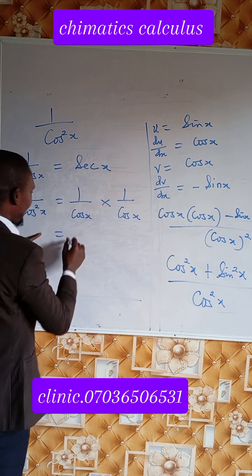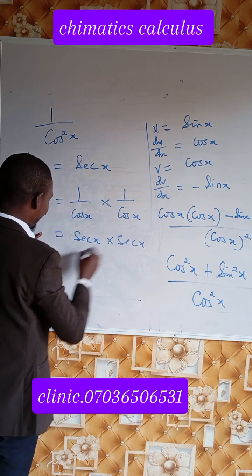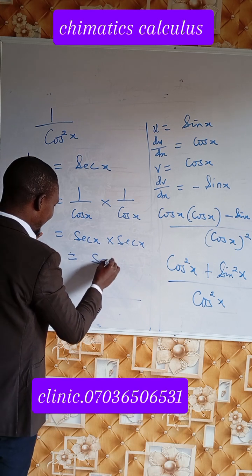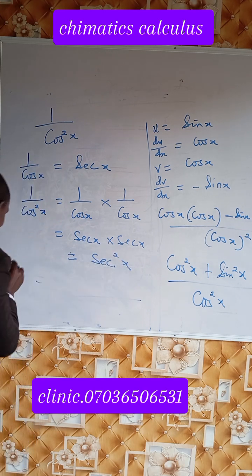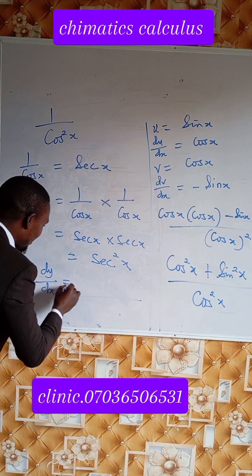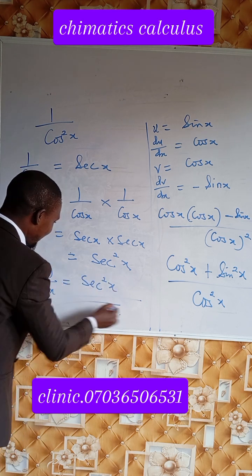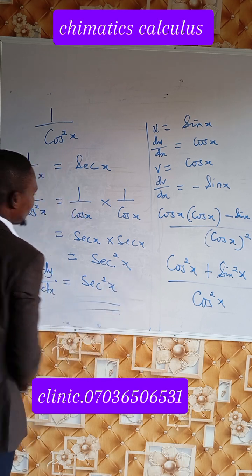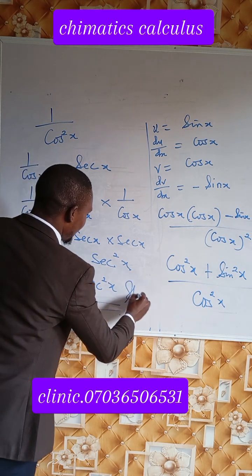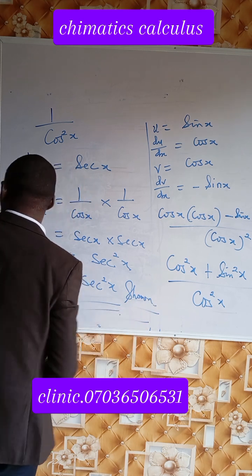And this is the same thing as sec x times sec x, which is sec square x. Therefore, dy/dx is equal to sec square x. Shown, because they said we should show. We've shown it here. Thank you so much.